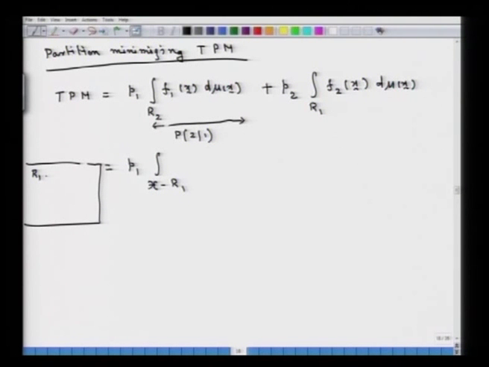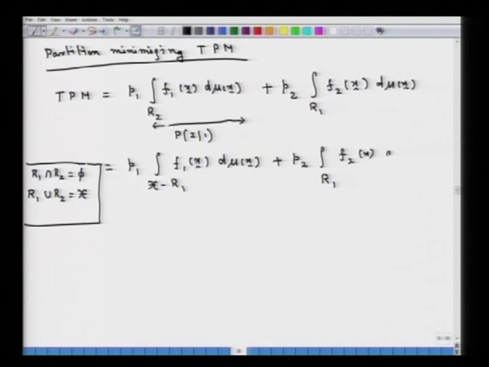So R1 intersection R2 is a null set, and R1 union R2 is the entire sample space script X. So this region R2 is the sample space script X minus the R1 region. We do not disturb the second quantity at all, and leave it as it is: integral over R1 of f2 x d mu x.